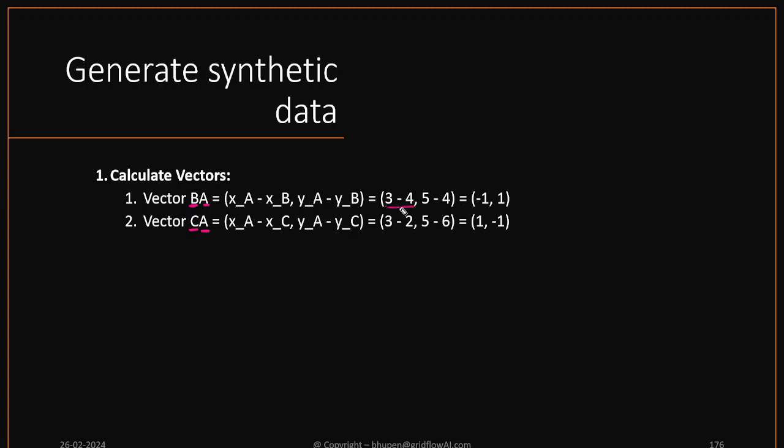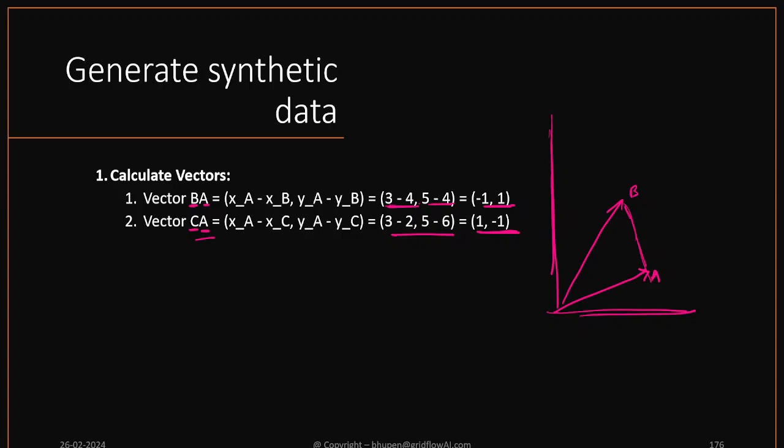It's basically finding the vector. Let's say this is A and this is B. We're just subtracting and finding the new vector. So 3 minus 4 and 5 minus 4, that's going to give you a new vector. Similarly for CA, we repeat the same thing and we get the new vector.